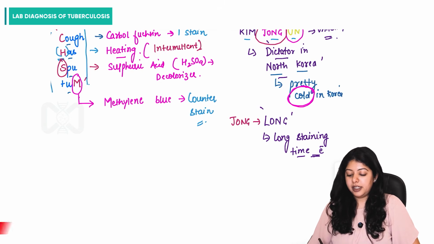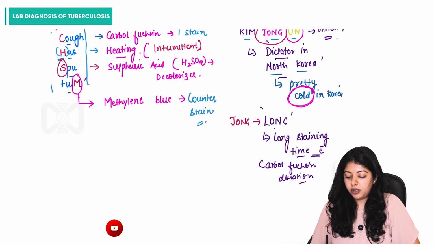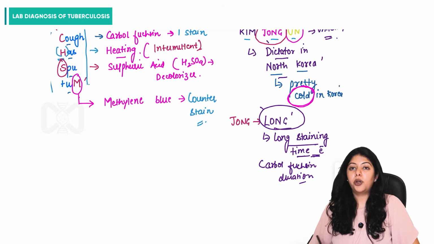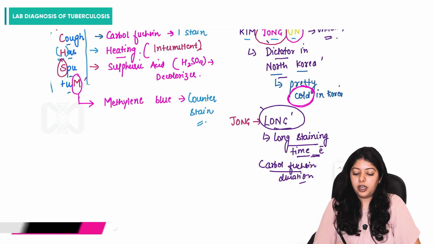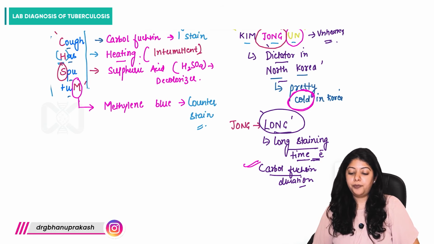And what stain? It is the carbol fuchsin duration, which is longer. Long staining time or long staining duration, it is with carbol fuchsin. This is the second modification.